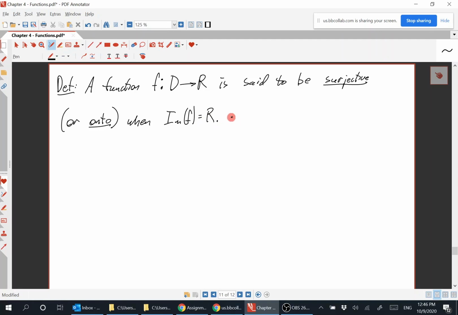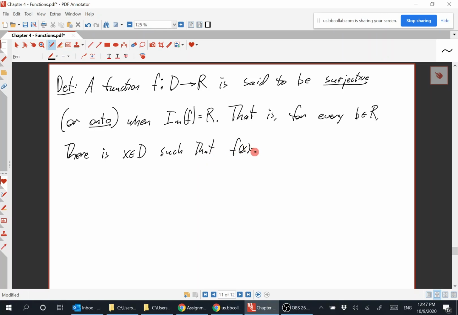That is, another way to say it, for every b in the range, there is x in the domain such that f of x is equal to b. For every range element, there is a domain element that goes to that range element via f.